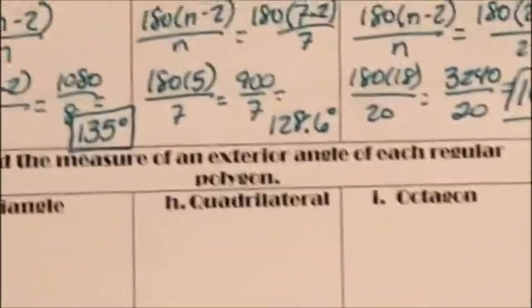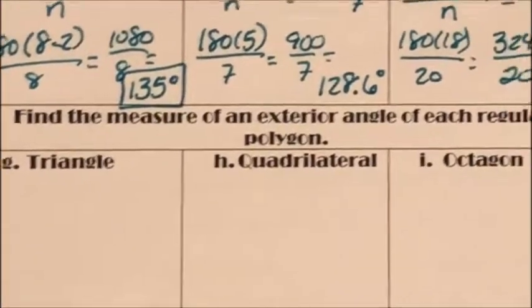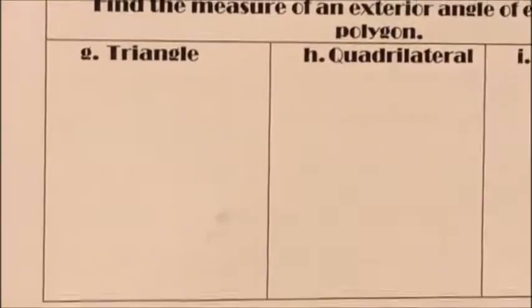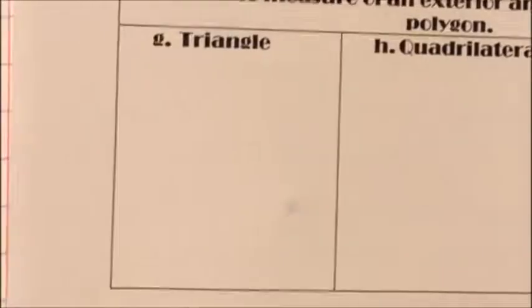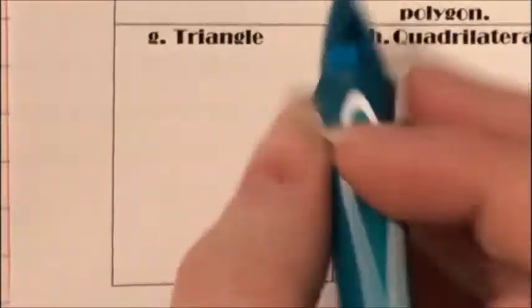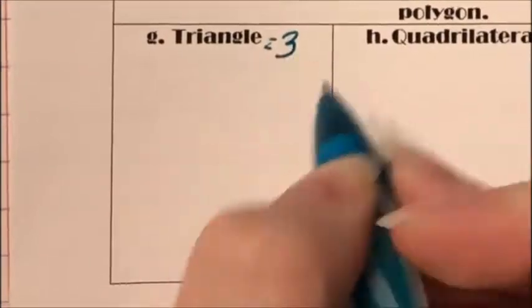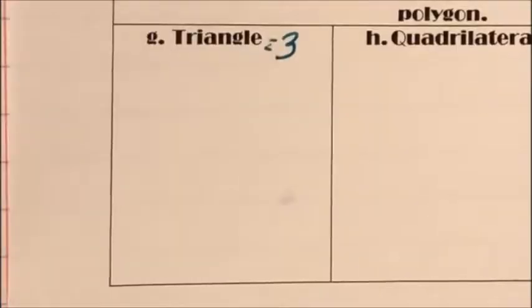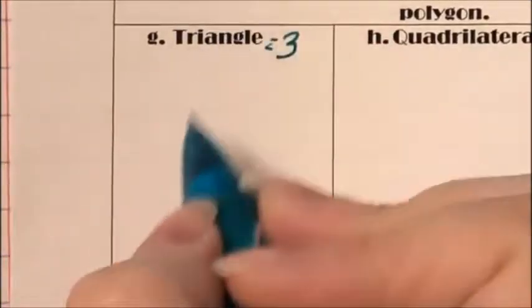Letters G, H, and I want you to find the measure of an exterior angle of each regular polygon. It's important to note that they're regular polygons. We'll start with the triangle. A triangle has 3 sides. Remember, exterior angles add up to 360.